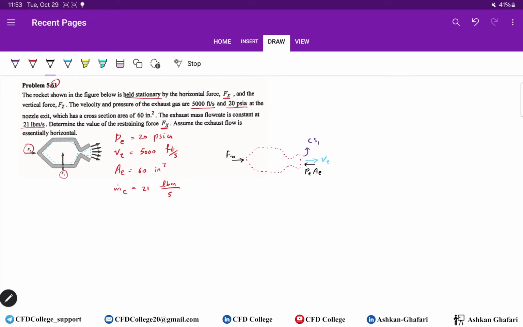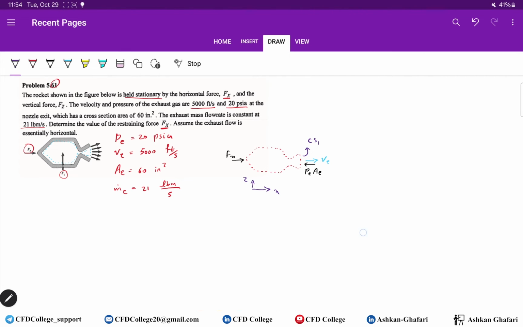So that's it. These are the forces, control surface, and the control volume. The next step is to define axes. This is x. It doesn't matter where the z-axis is because we only need to solve the linear momentum equation in the x direction, since we should find only Fx.